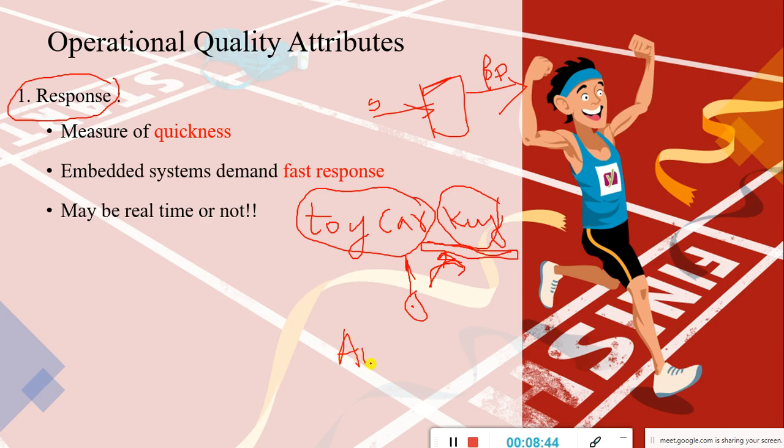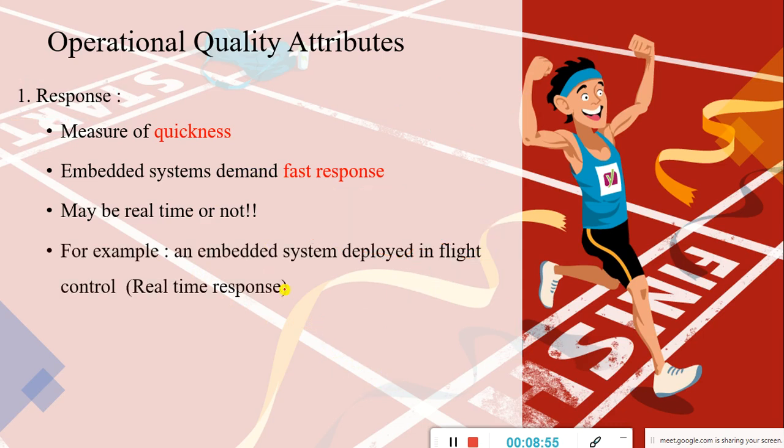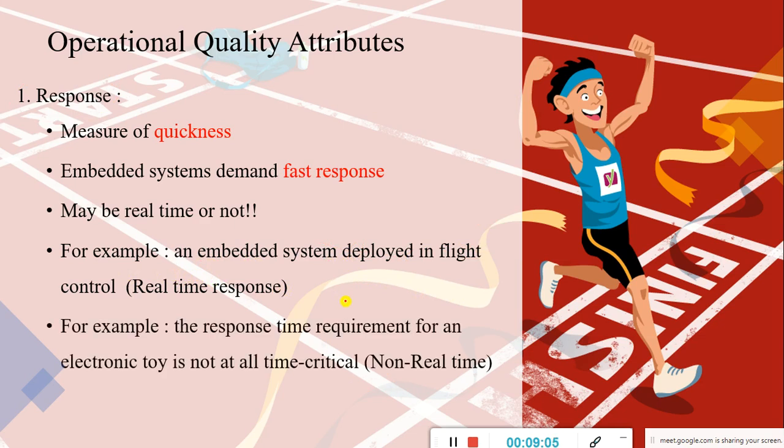Now the same case is not true with the deployment of an airbag, right? Here the response should be very quick, and it has to take very little time. So an embedded system deployed in flight control is one example of a real-time response, and another I told you about is airbag deployment.